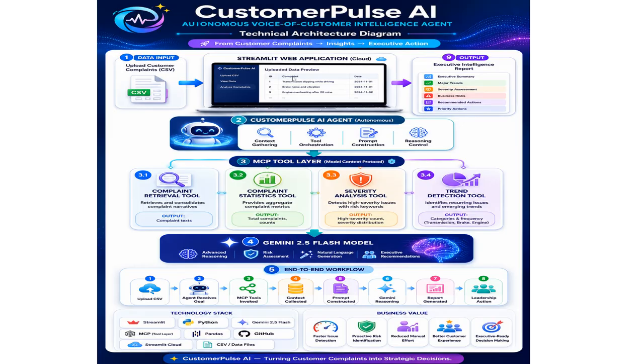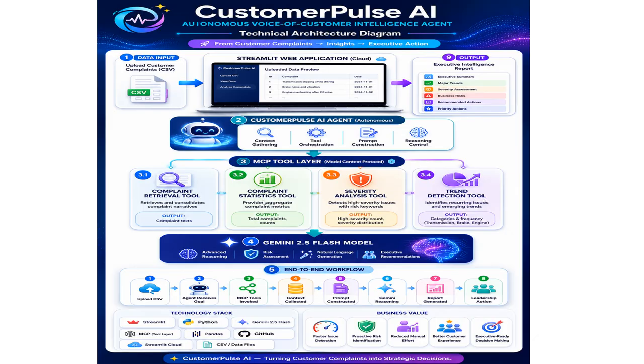CSV. It loads in a Streamlit web application, and then I have a CustomerPulse AI agent that will interact with the MCP tool to classify the complaints, a retrieval tool, complaint statistics, severity analysis, and trend detection tool.